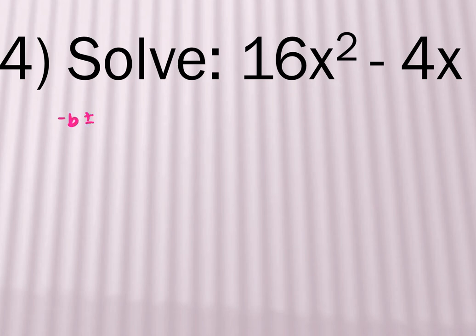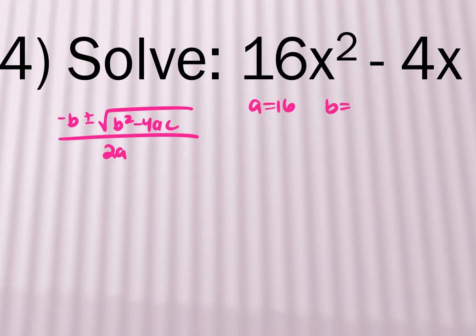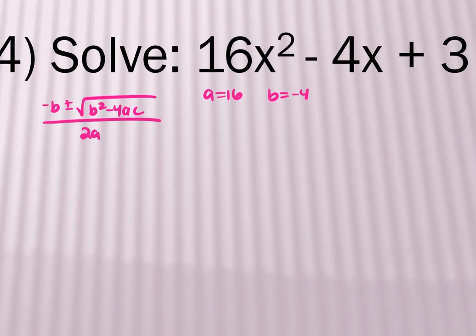Negative b plus and minus the square root of b squared minus 4 times ac, all over 2 times a. And a is 16, b is -4, and c is 3.